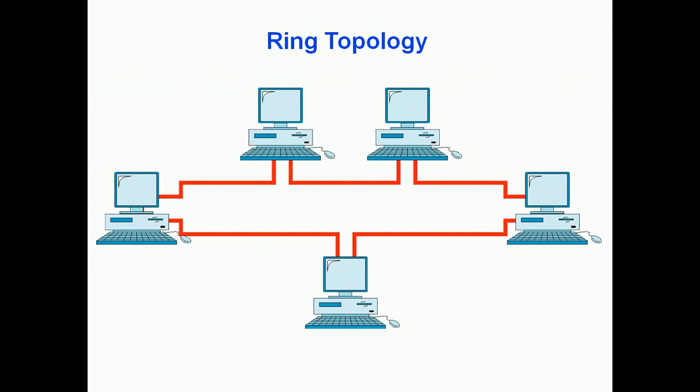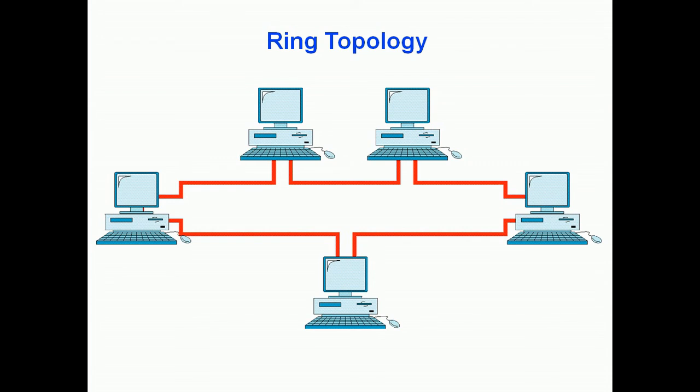In this way, all the devices are connected to each other. It is not necessary that your network should be physically in the form of a ring. Logically it can be in the form of a ring.